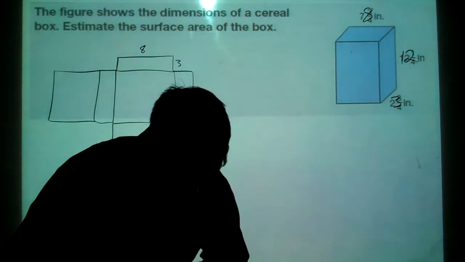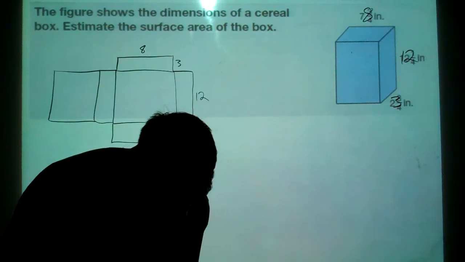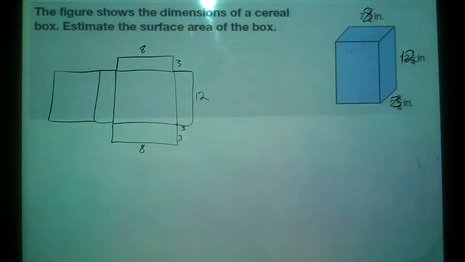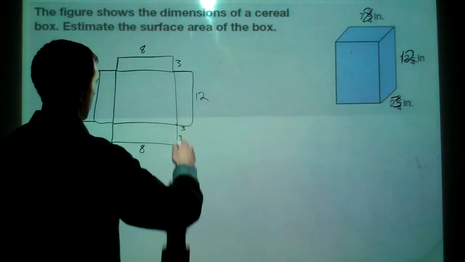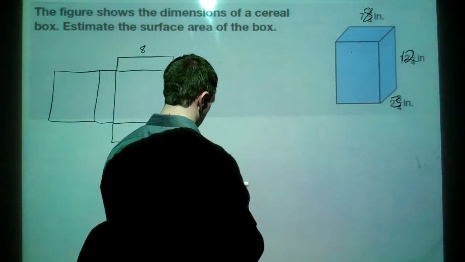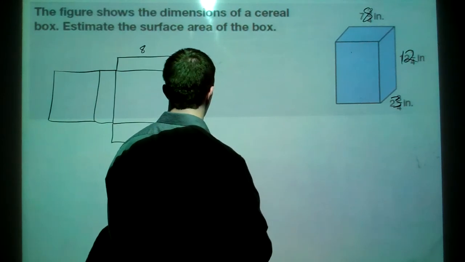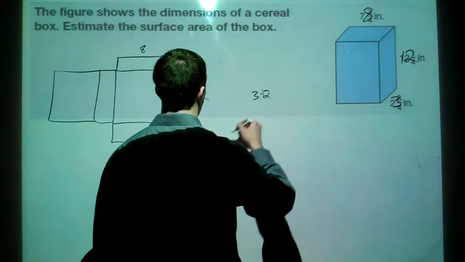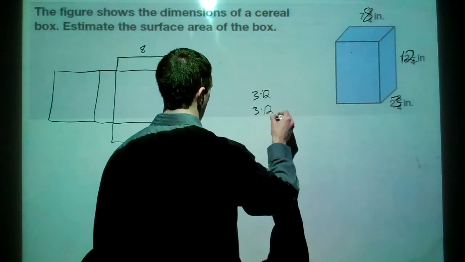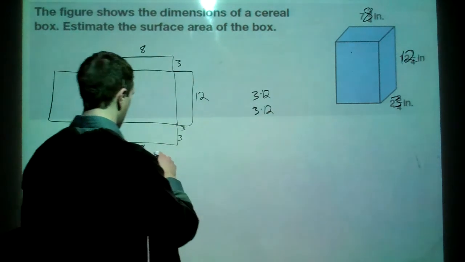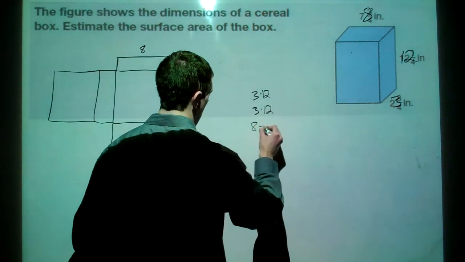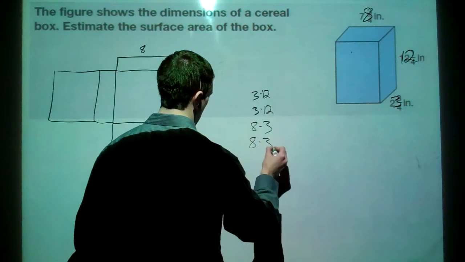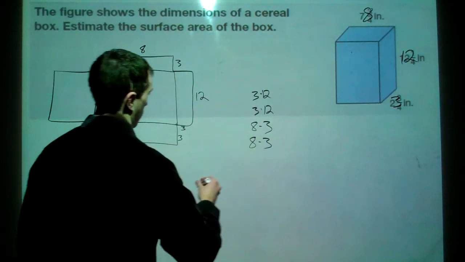So we've got 2 of everything, basically. So if we do the total surface area, we've got 2 3 by 12s, so that's 3 times 12, sorry. 3 times 12. And 3 times 12. We've got 2 8 by 3s. And then we've got 2 8 by 12s.